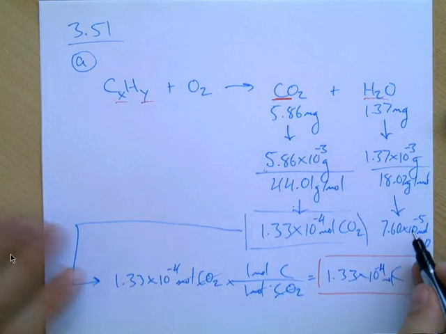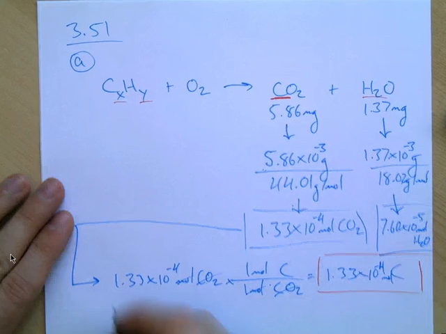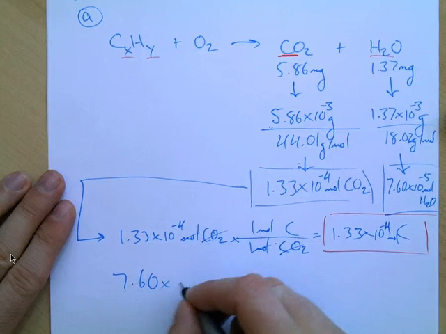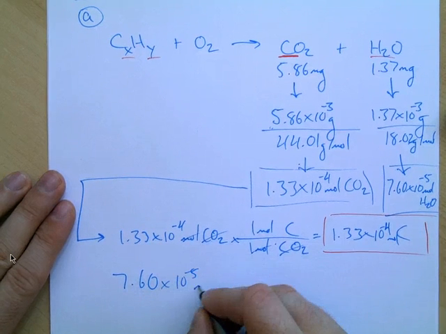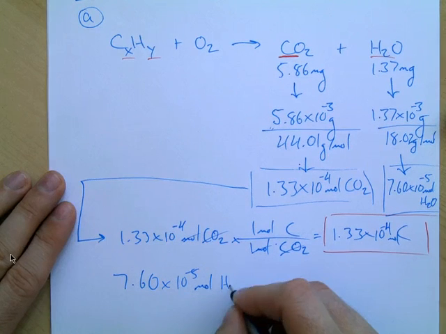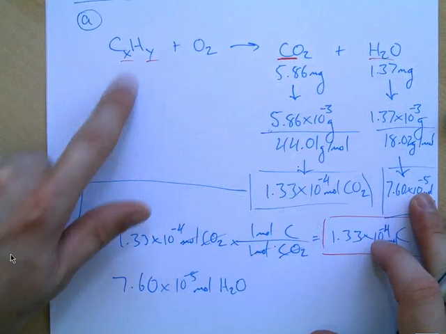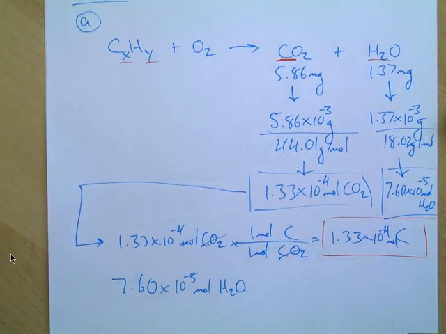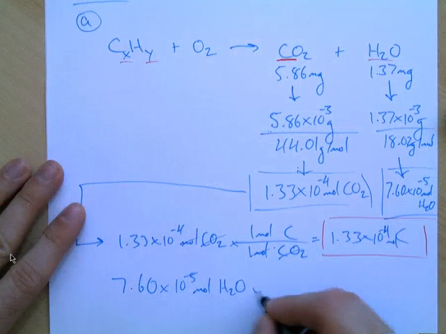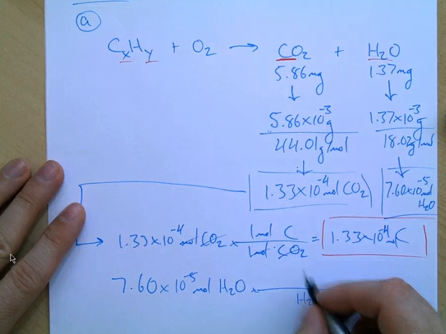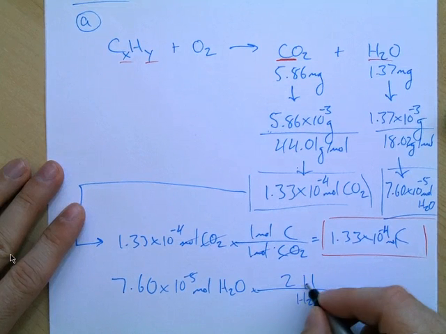Alright, now I'm going to do the same thing for this information. I have 7.60 times 10 to the negative fifth moles of H2O. Now, how many hydrogens? See, the point of this is to figure out the amount of hydrogens that were in my original organic compound. To do this, of course, I can think of it as a mole ratio, and for every water I have 2 hydrogens.